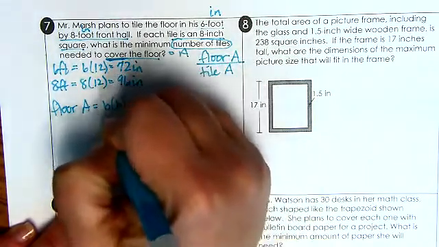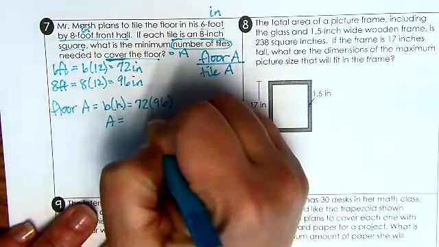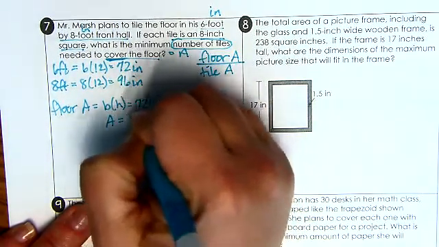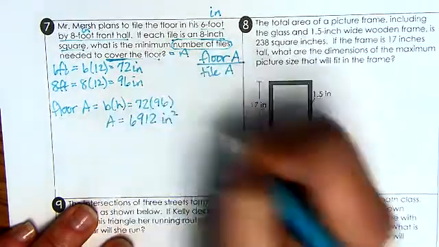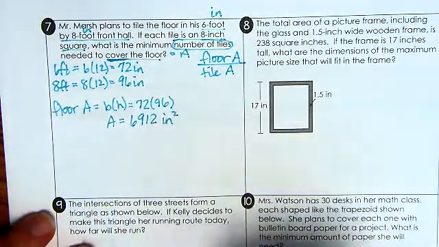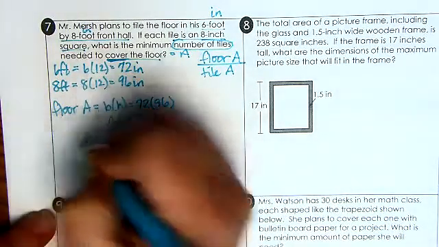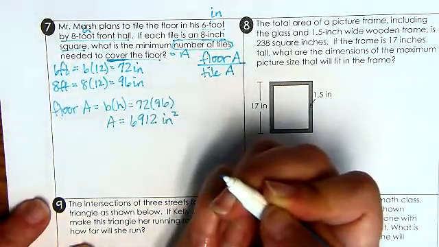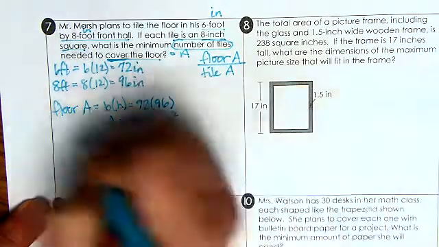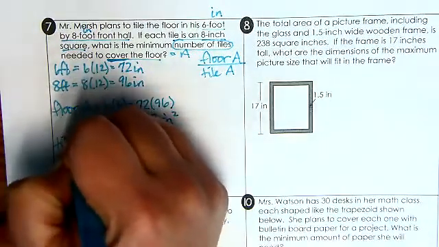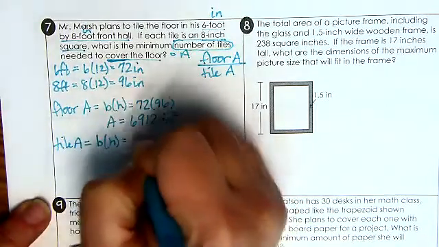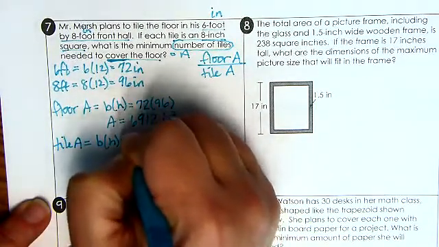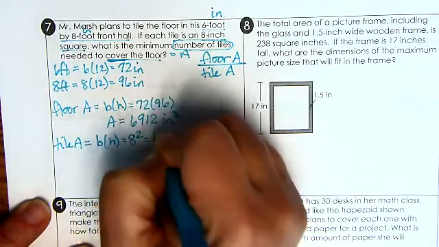So it gives you that area equals 6,912 inches squared. Now we need to find the tile area. Which is still base times height, but it's a square, so that means I'm doing 8 squared, which is 64.